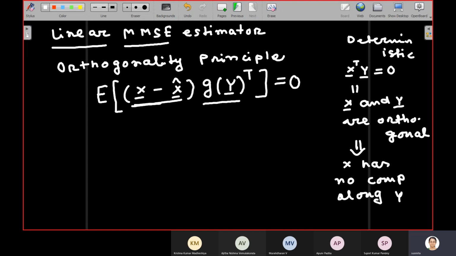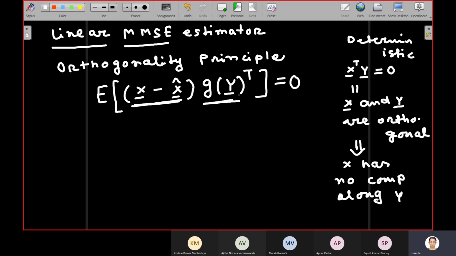Now when we say that the estimation error is orthogonal in a statistical sense, it says that the error, the residual part, has nothing from y. In other words, the estimate which we want to be a function of y has everything possible extracted from the measurements.